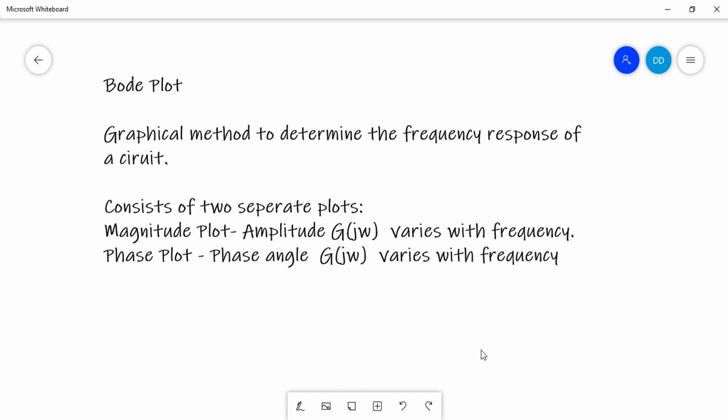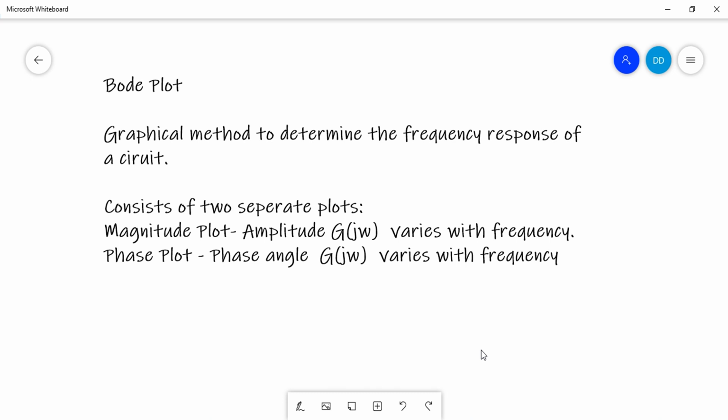So what does this magnitude plot give us? The magnitude plot gives us the variation of the amplitude of G of j omega with respect to frequency. Similarly, the phase plot gives us the variation of the phase angle of G of j omega with respect to the frequency.